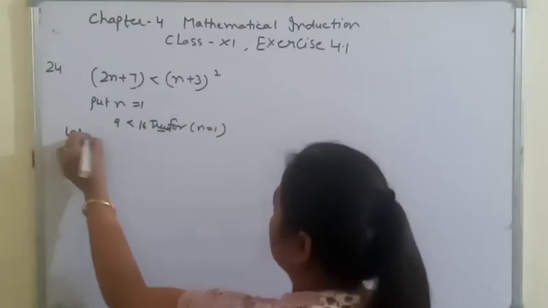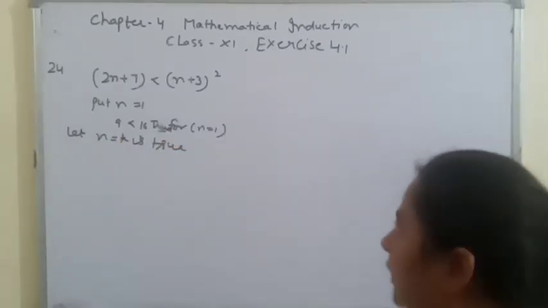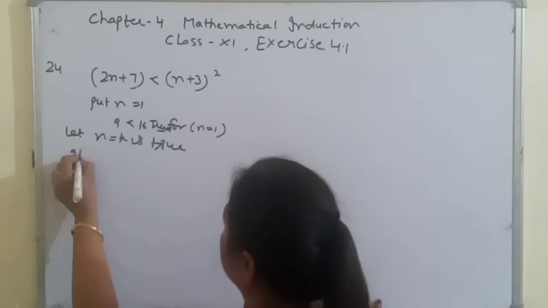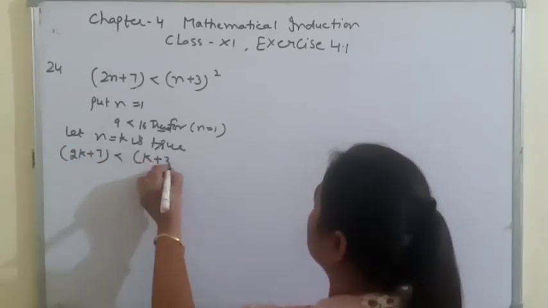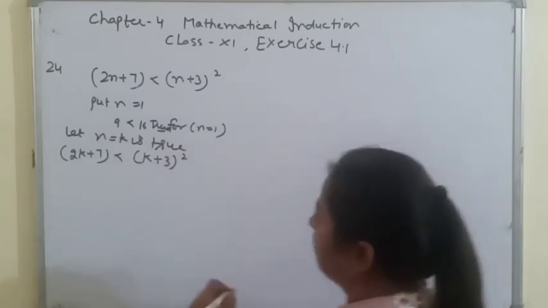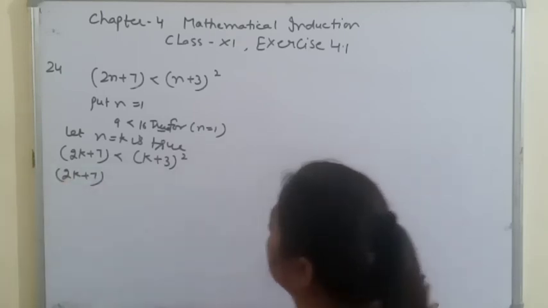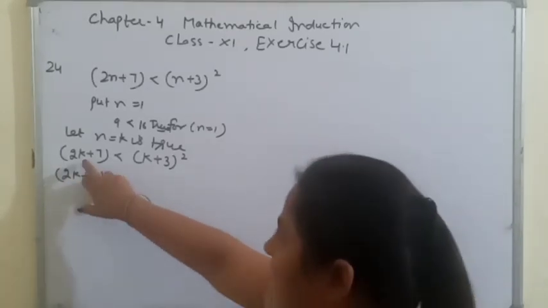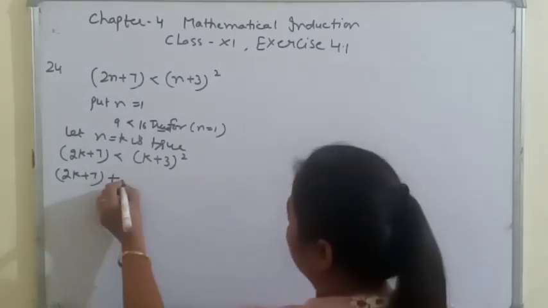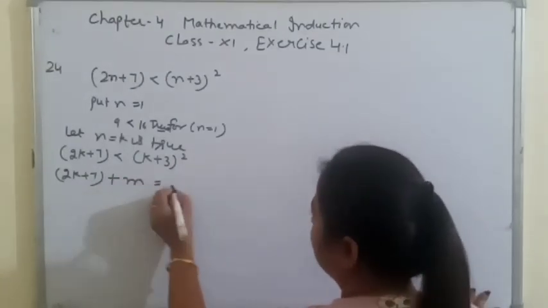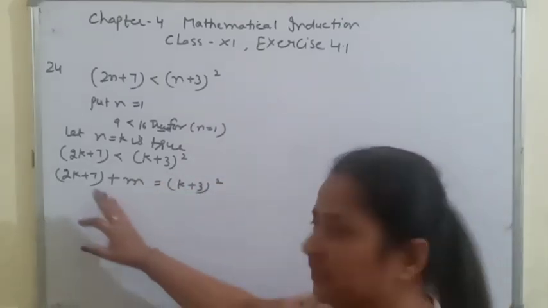Now, let n equal to k be true. We will assume it true for k: 2k plus 7 is less than k plus 3 whole square. You can see here the left side is smaller than the right side. So what I am doing here is adding one term at the left side of the inequality to make them equal.